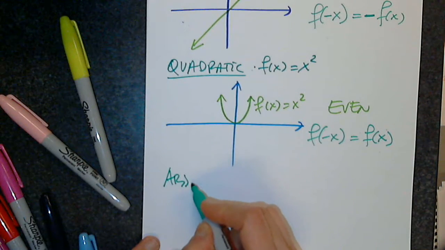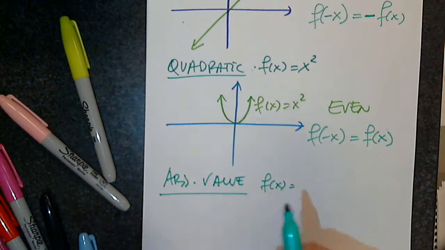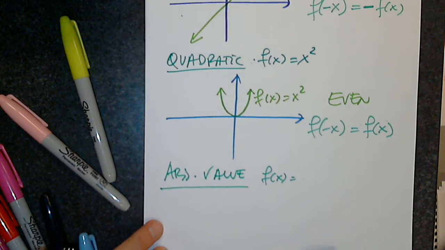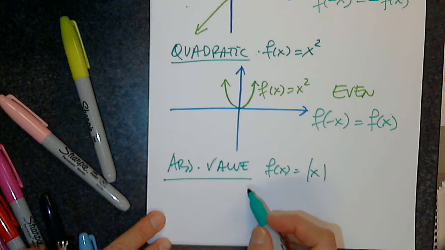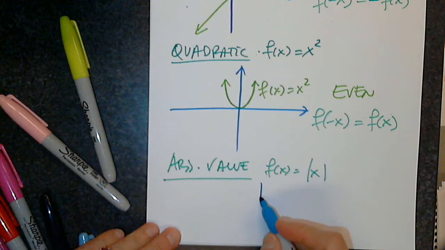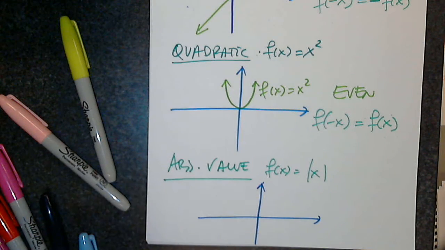Absolute value. Can anyone give us the simplest possible absolute value function, the basic absolute value function? What is it? Of course. So here's the graph. Anyone remember how to graph the absolute value of x?